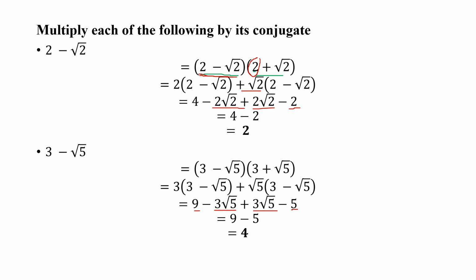As you can see from these two examples, multiplying an irrational number by its conjugate is giving us an integer. This number by its conjugate, we are getting this integer as well.